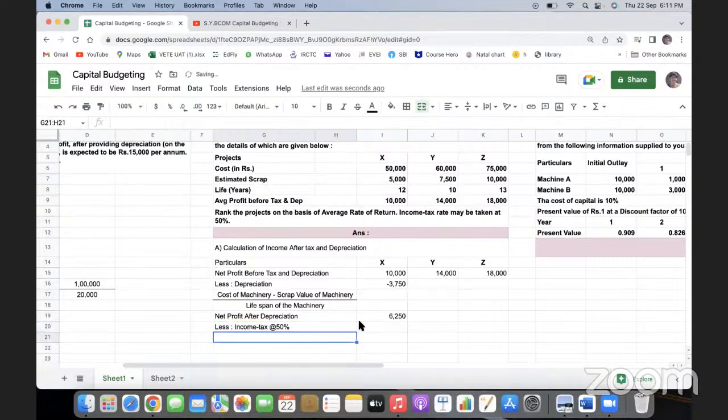So now 6250 का 50% is how much? It's 3125, right? So 6250 minus 3125 will be how much?